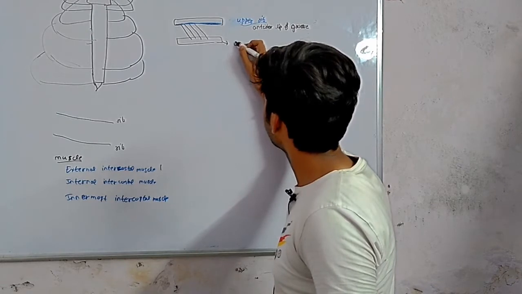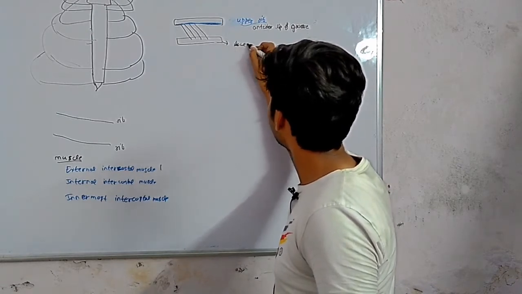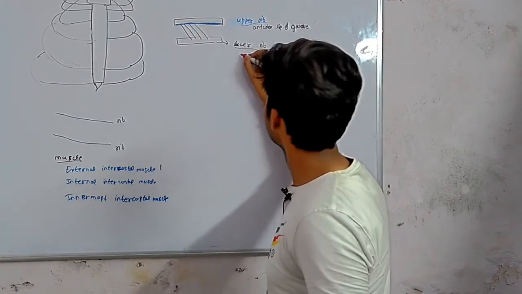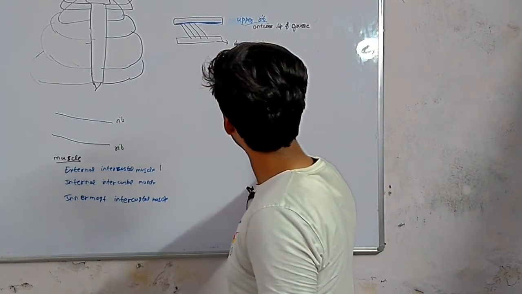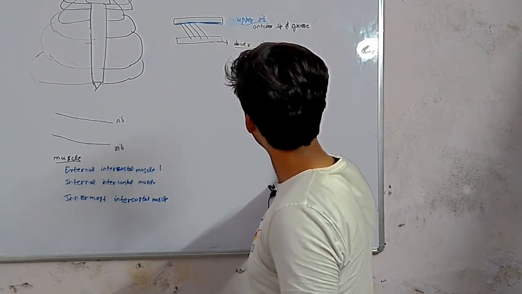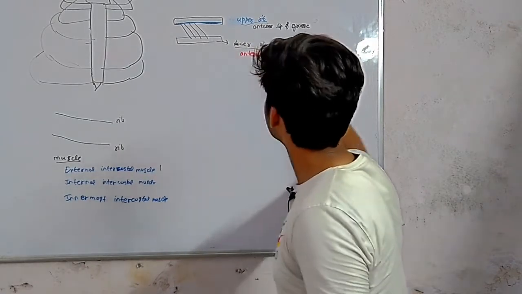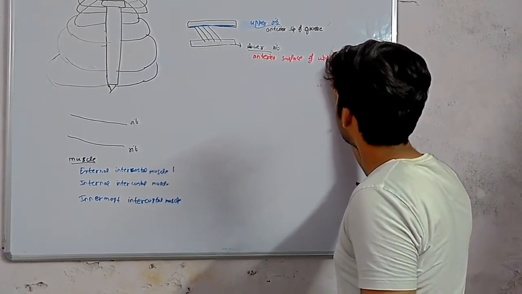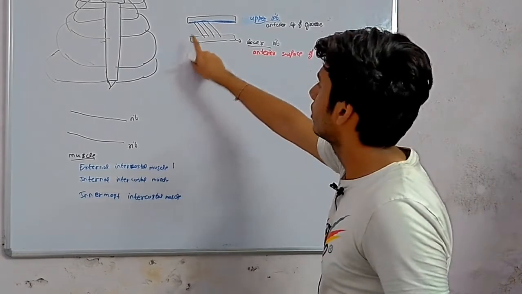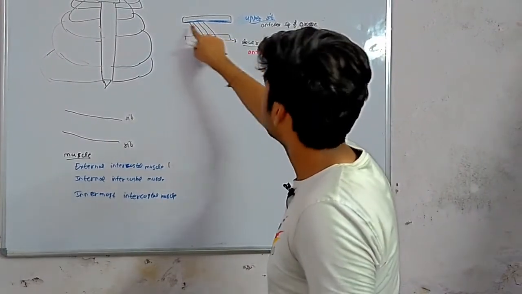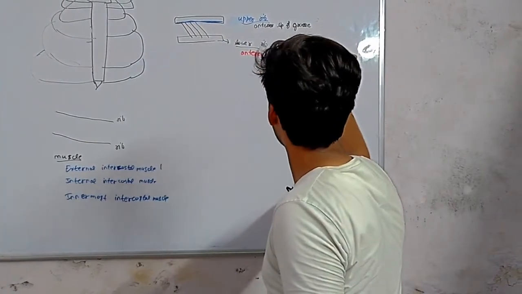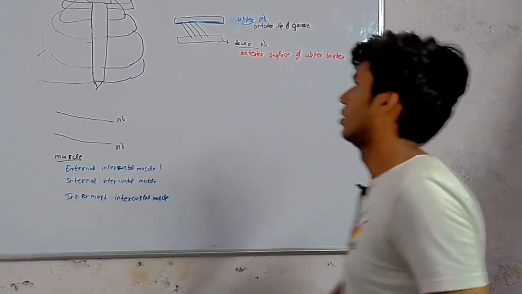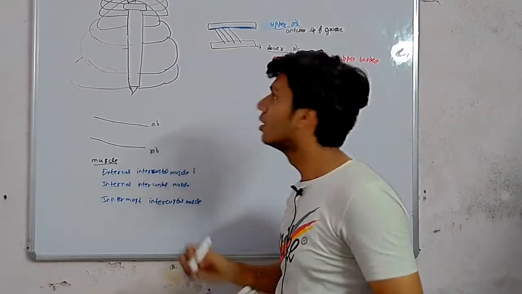Here, for the lower rib, what will we say? Lower rib, anterior surface of upper border, because we know this is upper or superior border, this is lower border. Done. Fiber arrangement, remember it is very important.